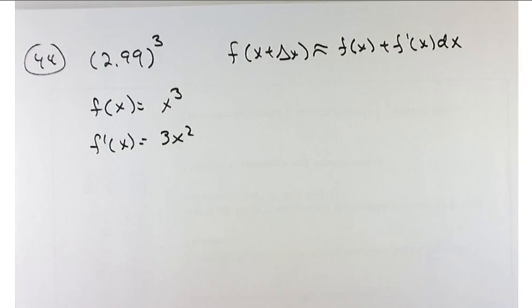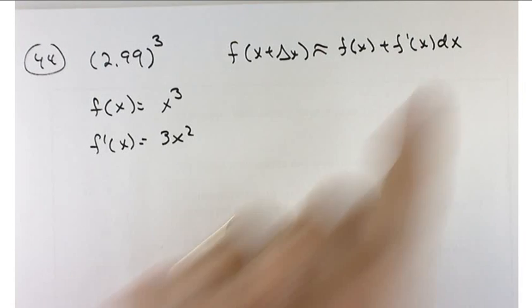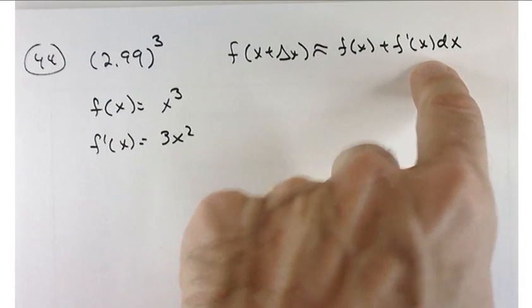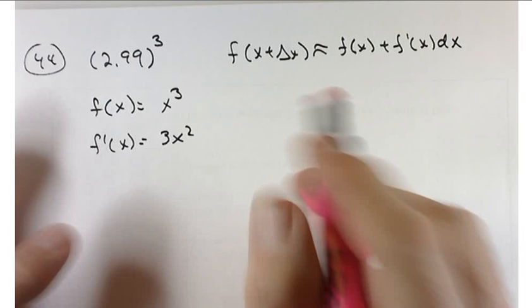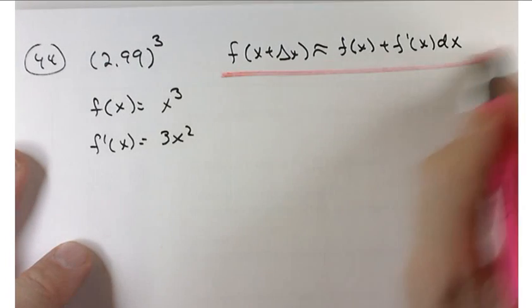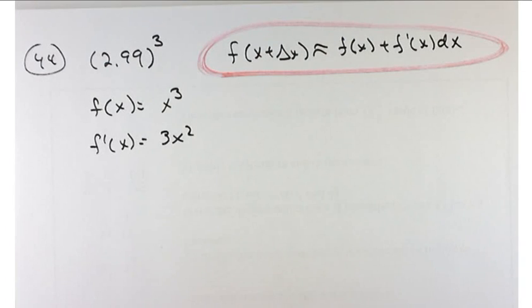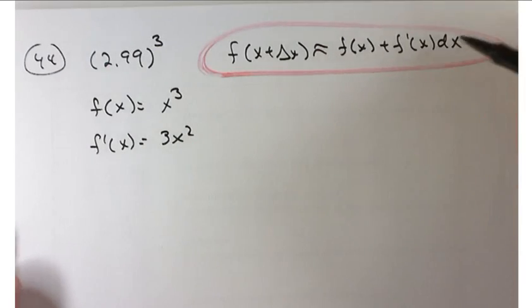You have to have this one memorized. This here is your dy, your differential with respect to y. It's the change in the tangent line. But it gives us a means to approximate functions with a nice little linear approximation.